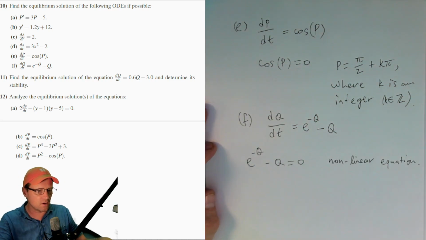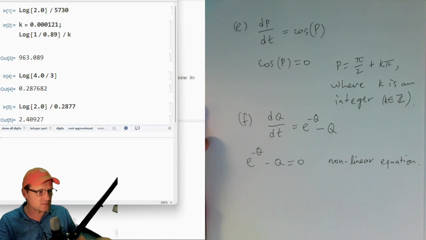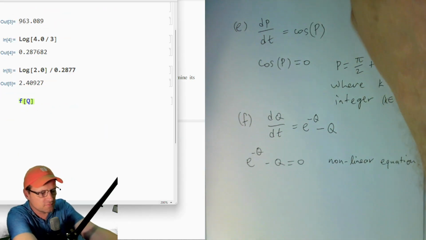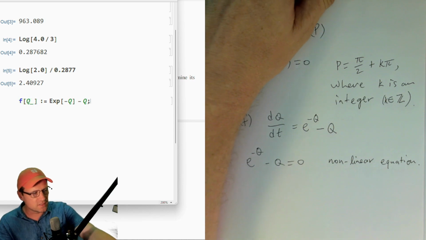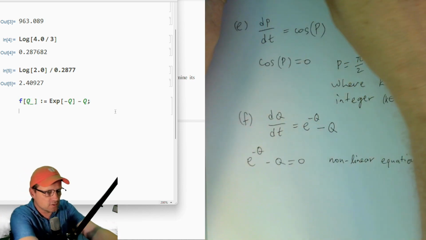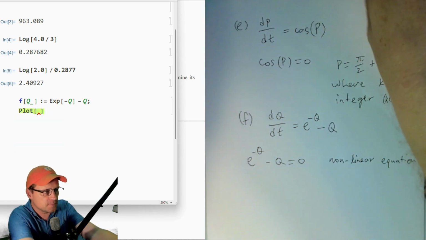Okay, so let's seek out a numerical solution. I'll open up Mathematica for this. All right, so I'll define a function of q. And so I'm looking for zeros of this function. So I've just built a function of q representing the left-hand side there. Let's plot this.